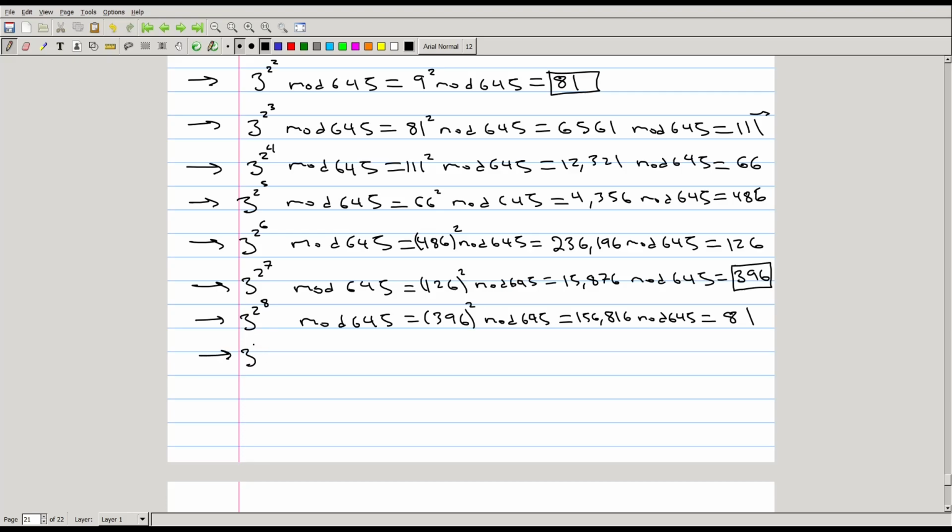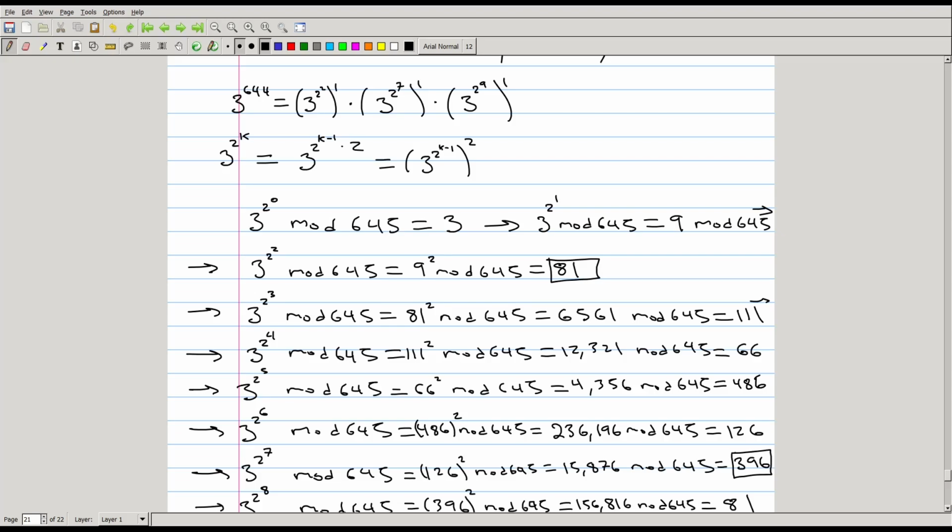And the last value, 3 to the 2 to the 9, we have to store this value, mod 645 is equal to 81 squared mod 645, which we actually already calculated at a previous step. This is 111. And so we need to store this value here.